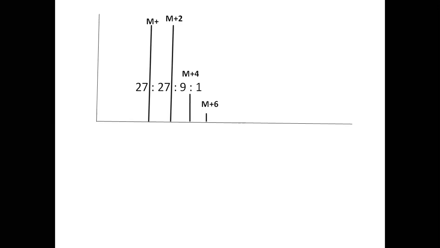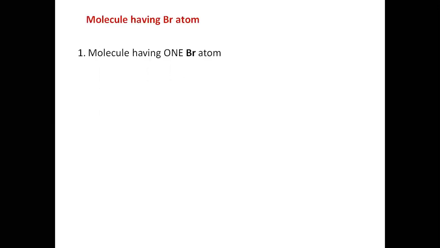But if you look at this another peak, which is again a difference of plus 2, so M plus 2, and from M plus 2 to M plus 4, this is a difference of 2. So we can easily judge. Okay, fine. So now, what do you think?